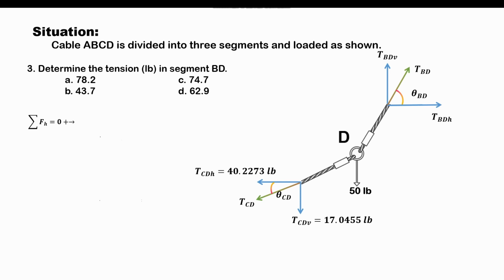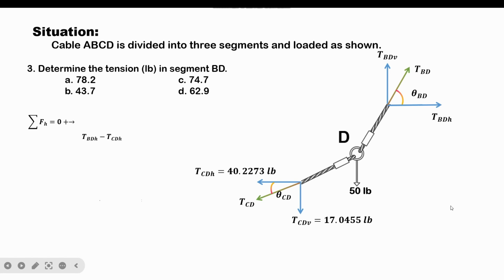The force involved here would be the horizontal component of tension BD, which is TBDH, and it is acting to the right. That's why it is positive. Another force involved in the summation along the considered direction would be the horizontal component of tension CD. That force is acting to the left. That's why we will have here minus TCDH.